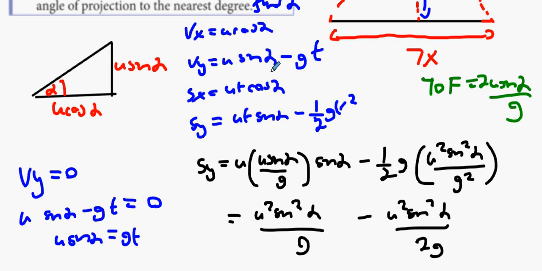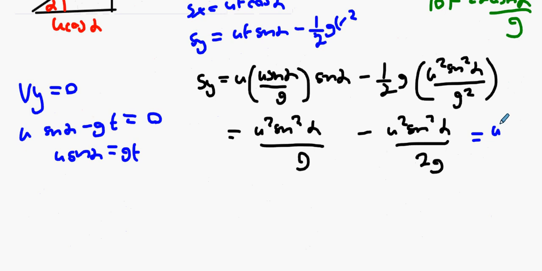So if you put 2's here, you see that's 2 of them take away 1 of them, which would be the answer: u squared sin squared alpha all over 2g. So that equals, is everybody happy that that equals 2x? Because that's the height, isn't it?